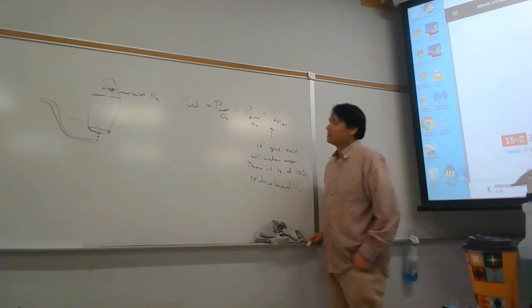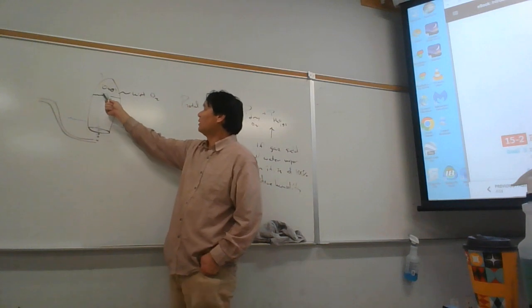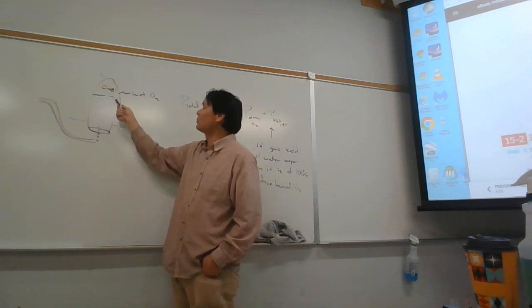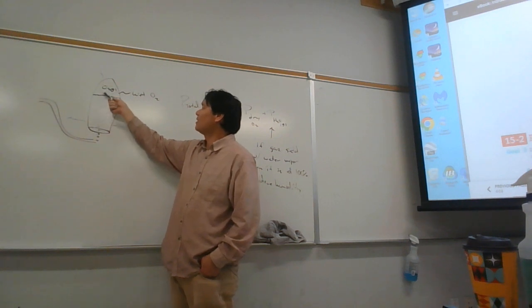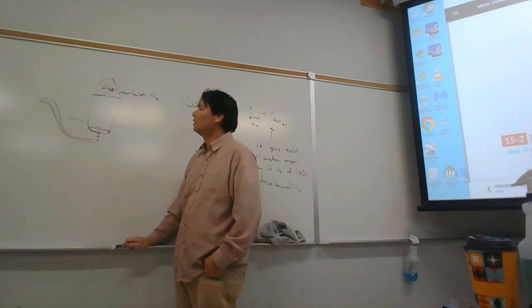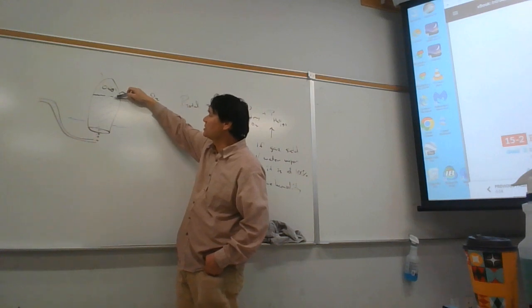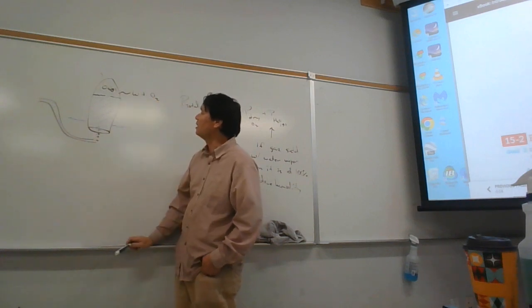Because what happens is, we're going to have water molecules vaporizing off the surface. The higher the temperature, the more water molecules evaporate. The more water molecules that evaporate, the higher the humidity here. But at the same time as the water is evaporating off the surface, water is condensing onto the surface. And so if a water molecule hits the surface, it could stick. If it sticks, that's called condensation.